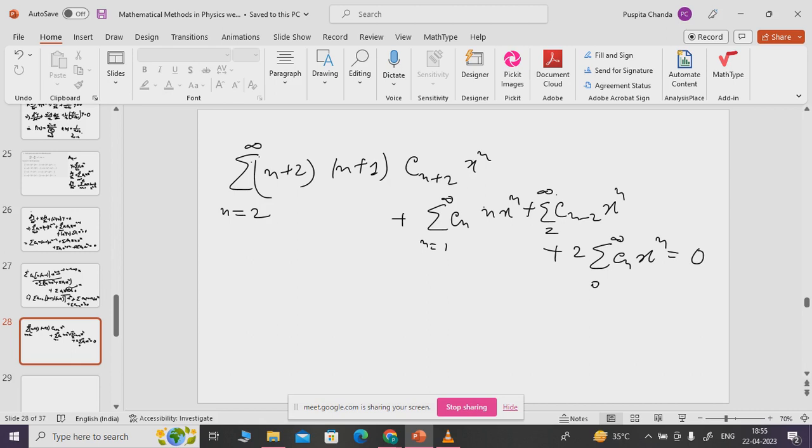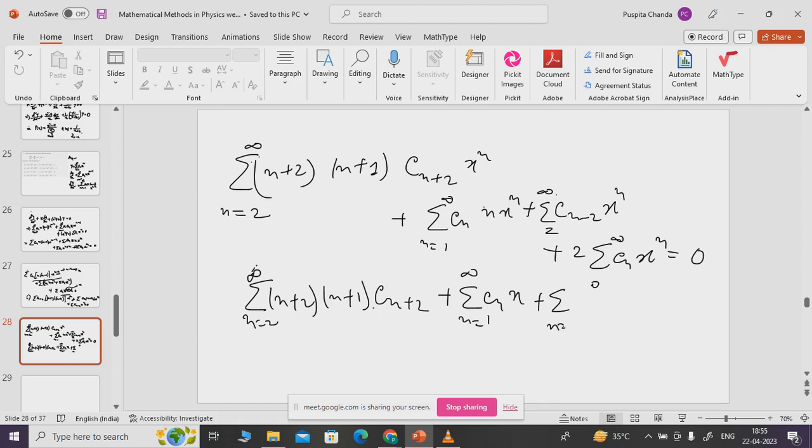When we equate the coefficient of x to the power n on the left hand side and right hand side, we get: the sum from n=2 to infinity of (n+2)(n+1) c(n+2), plus the sum from n=1 to infinity of Cn n, plus the sum from n=2 to infinity of c(n-2), plus 2 times the sum from n=0 to infinity of Cn is equal to 0.